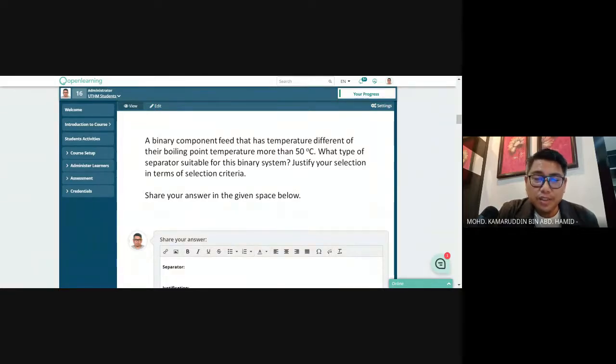The only disadvantage is that if you use a distillation column to separate close boiling components, you may end up with a huge number of stages. That's why the C3 stripper at Sungai Udang Petronas in Melaka is 170 meters tall.